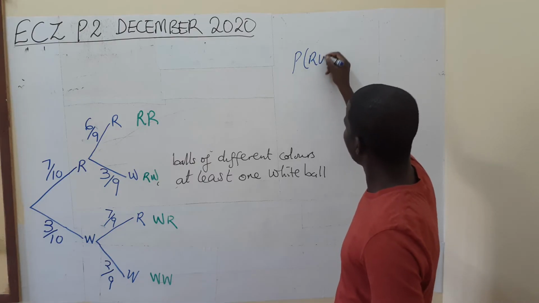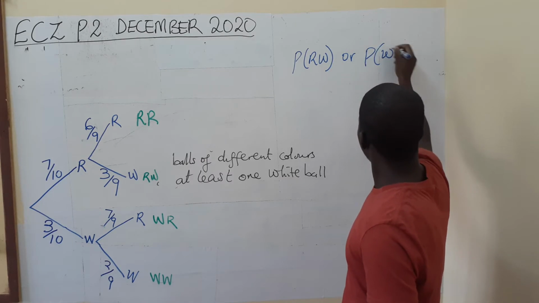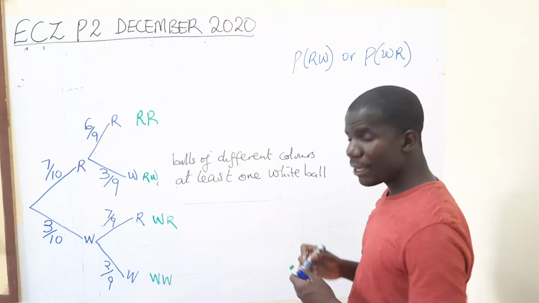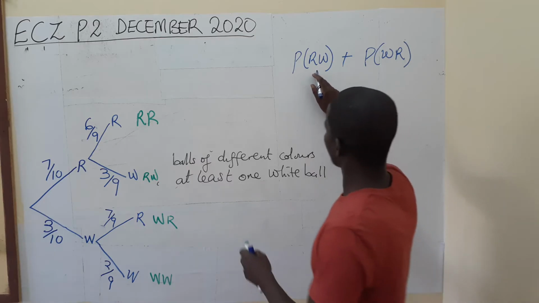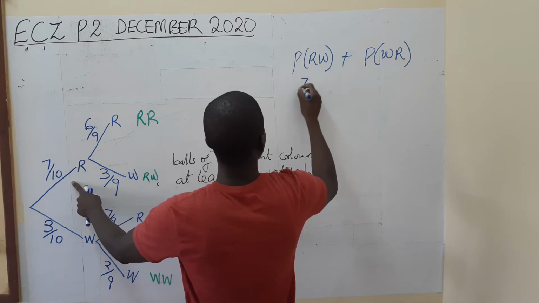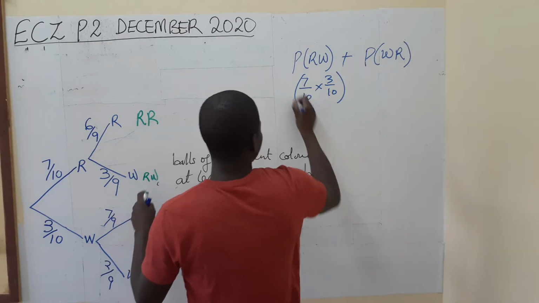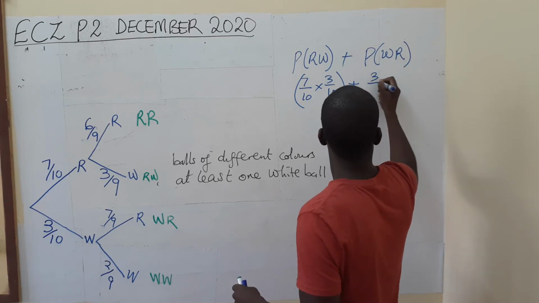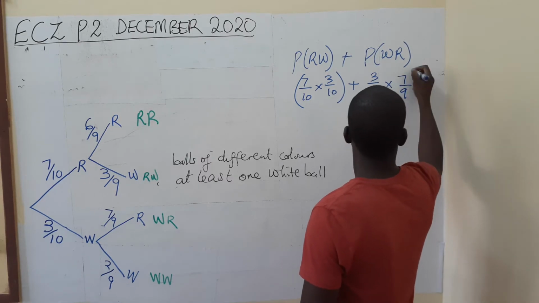So balls of different colors could be the probability of red and white, or the probability of white and red, isn't it? Now "or" means we have to add. So we do the same thing. Red and white is 7 over 10 multiplied by 3 over 9, plus white and red, which is 3 over 10 multiplied by 7 over 9.